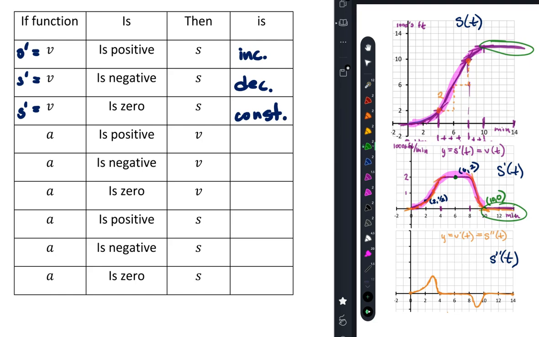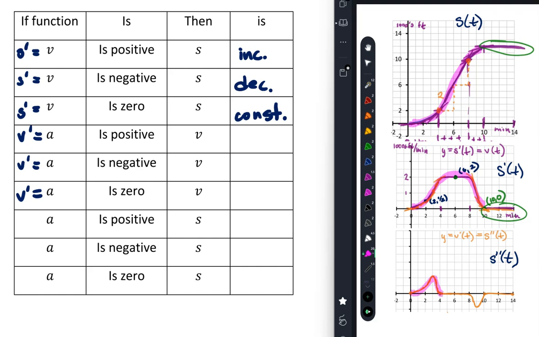Okay, next we're supposed to relate the acceleration function back to the velocity function. So the relationship between v and a is that a is the derivative of v. What are we starting with? Acceleration a is positive, so that's this stretch right here.